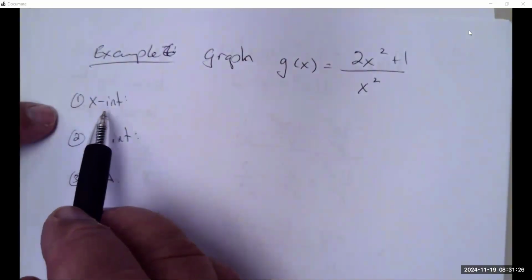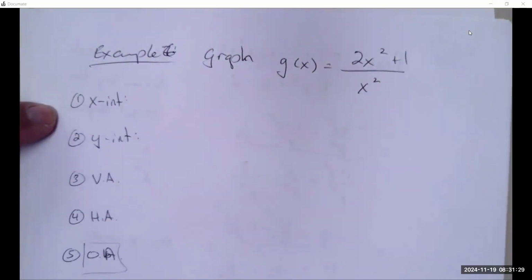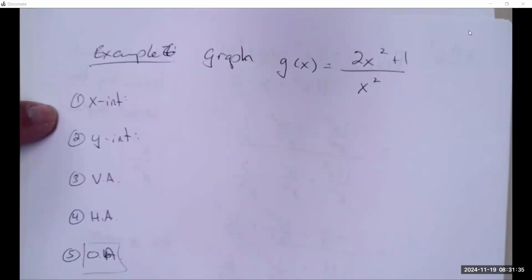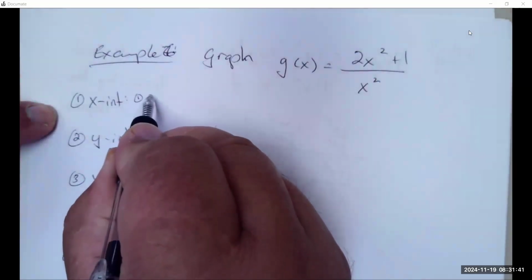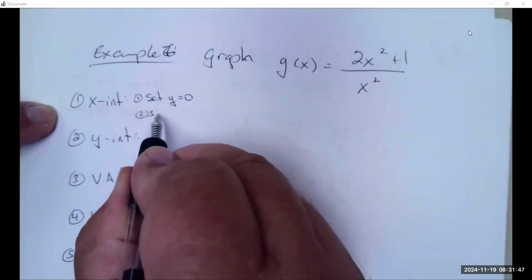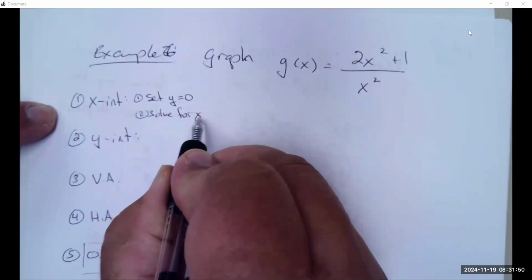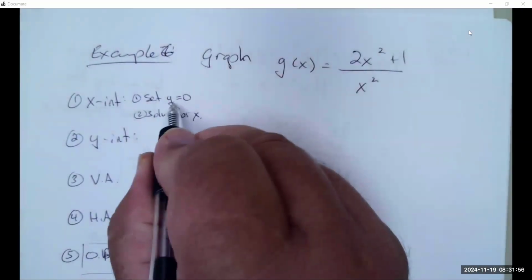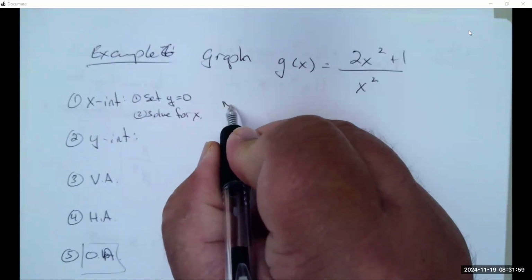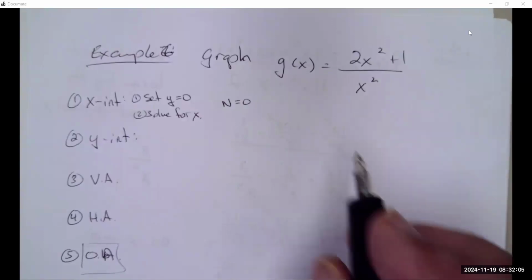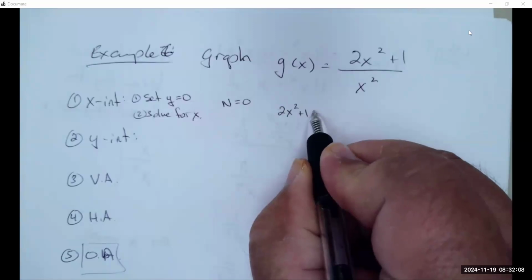So what is my x-intercept in this equation? How do you find the x-intercepts? Set y equal to 0 and solve for x. But since we have a rational expression, when we set y equal to 0, we simply set the numerator equal to 0 and solve for x. So we have 2x squared plus 1 equals 0.